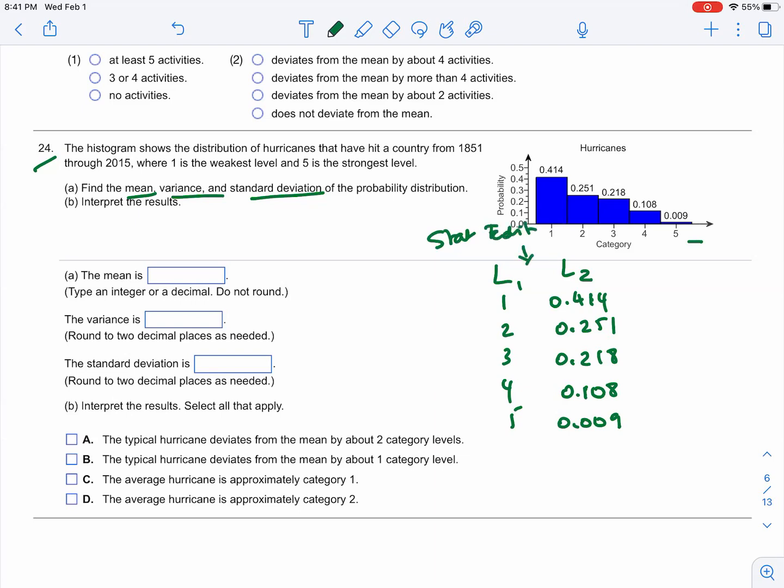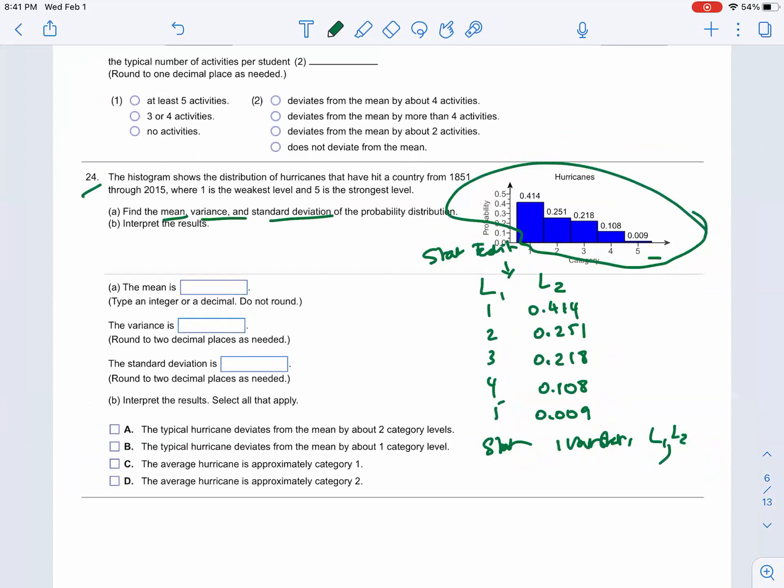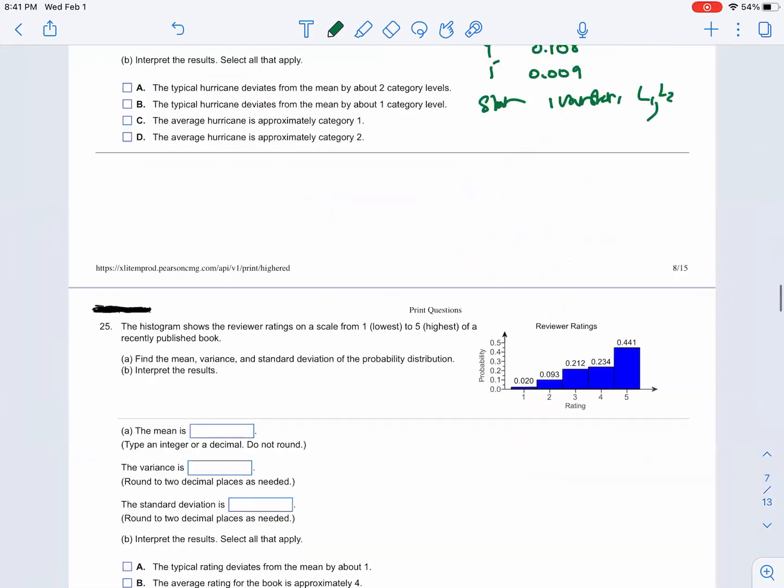Once you've done that, second quit, start, 1-Var Stats, L1, L2, and then it's going to give you a summary statistic. So the same steps, it's just that your data now is here. Don't get it twisted, it's the same step. Your data is there. You do 24 on your own.